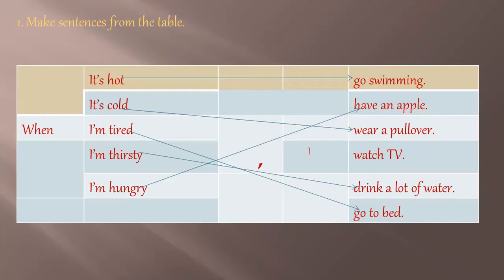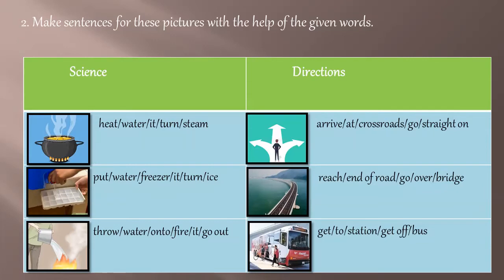Okay. Question number 2 is make sentences from these pictures with the help of the given words. The first column is related to science and the next is related to directions. Okay, see the first column, science. Heat water, it turn steam.